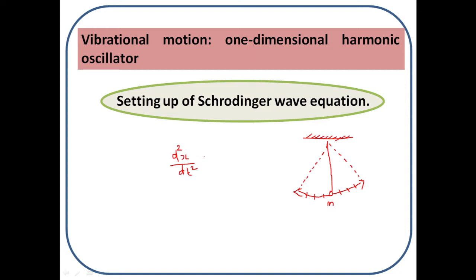The acceleration is directly proportional to the displacement from the mean position. Say x is a displacement. And we know that force is equal to mass into acceleration. If we plug this equation into this equation, we get F is equal to mass into d square x by dt squared.